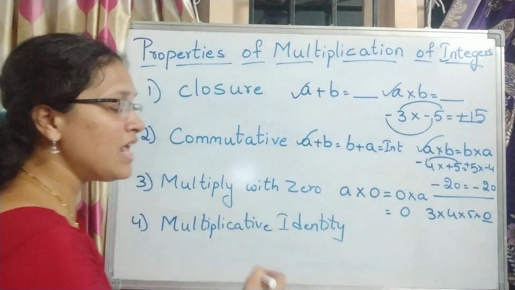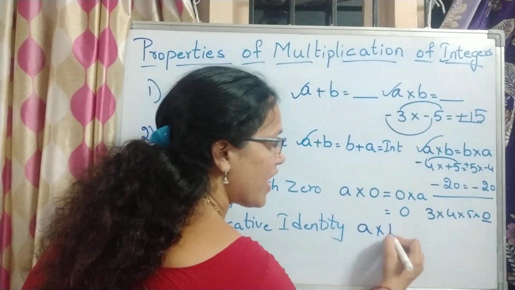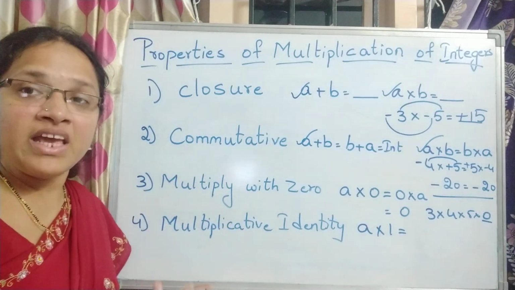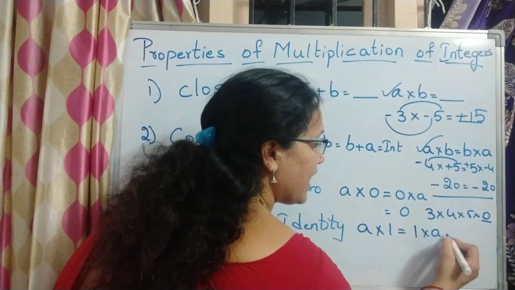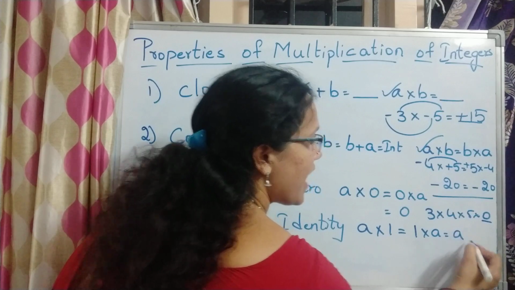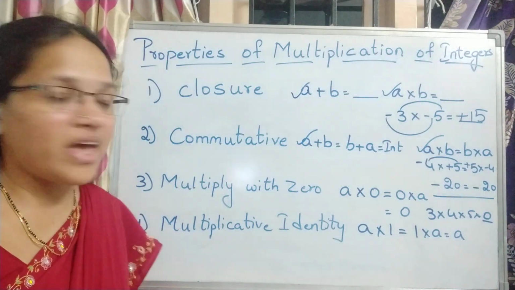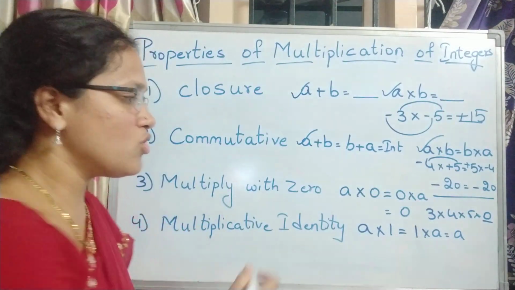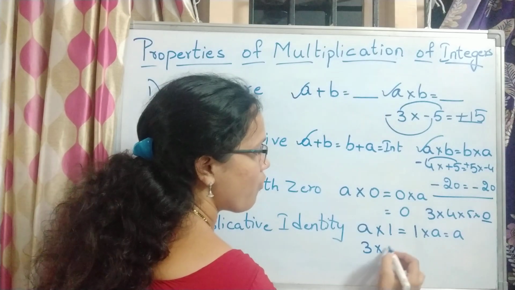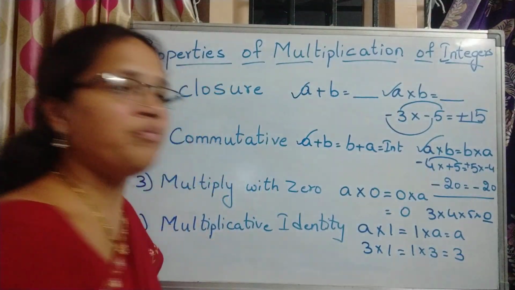Here, any integer multiplied with 1, or 1 multiplied with any integer, gives the integer itself as the answer. That is called multiplicative identity. Suppose 3 times 1 or 1 times 3 is equal to 3, which is an integer.